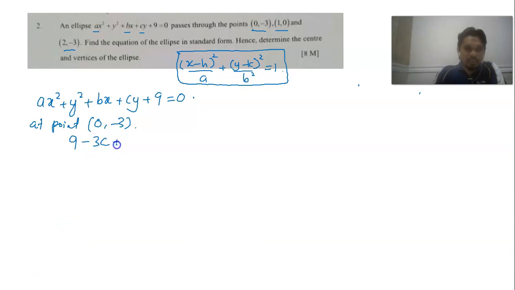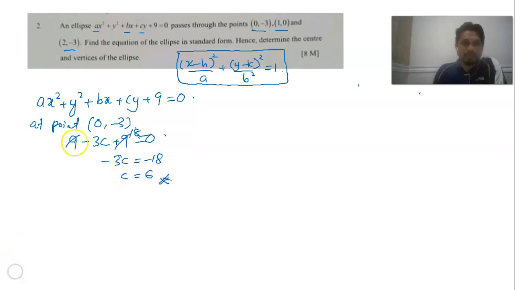So negative 3c plus 9 equals 0. 9 plus 9 equals 18, so negative 3c equals negative 18, then c equals 6. We used the first coordinate 0, negative 3.